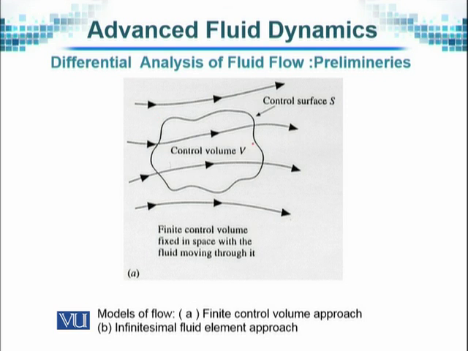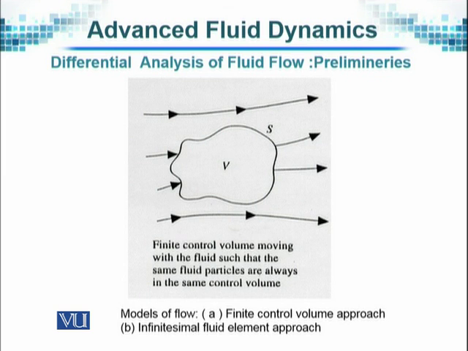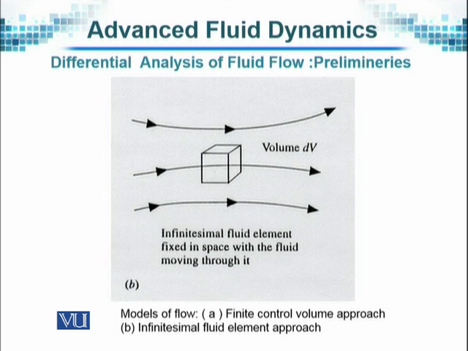So the lines through this surface, through this area, are showing that the fluid is moving through it. But in the next case, when we are considering the controlled surface, that moves with the fluid, this whole surface is moving as if the fluid particles are moving. And then we try to analyze the motion.